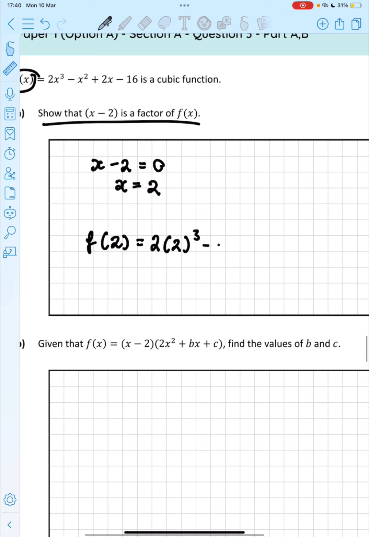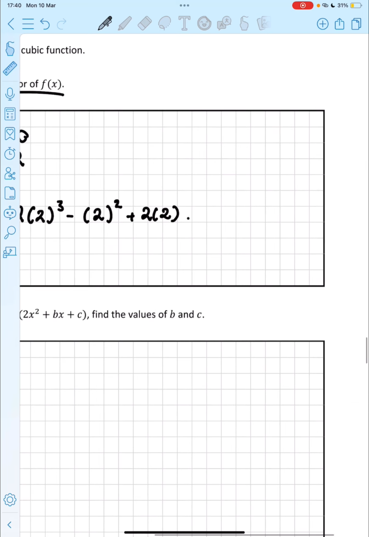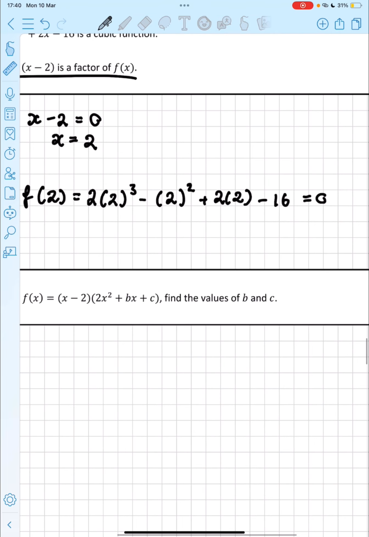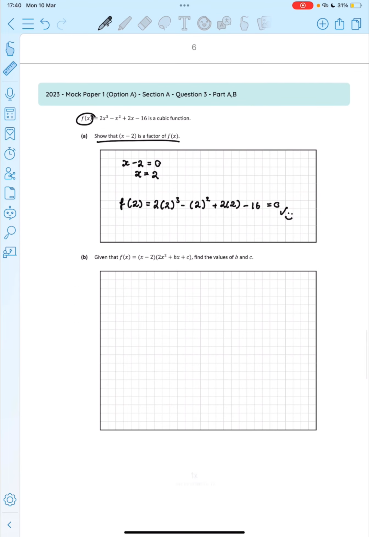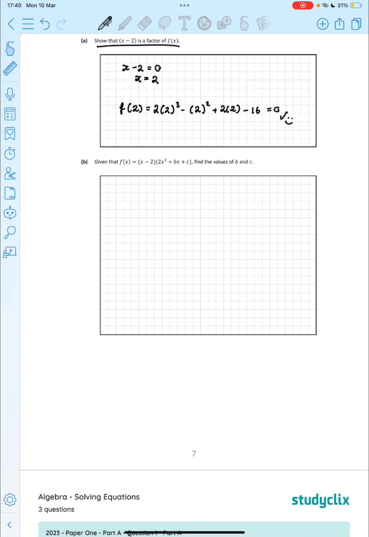So I'll get 2 cubed times 2 minus 2 squared plus 2 times 2 minus 16, and hopefully that should all equal 0. If it does, then I know that it is in fact a root. If I put that all in my calculator, that will equal 0, so therefore I know that x minus 2 is a factor and x equals 2 is a root.